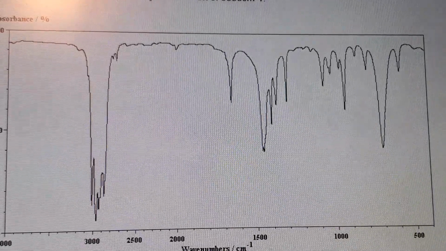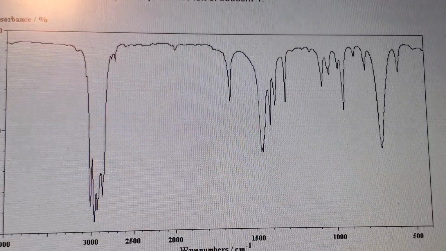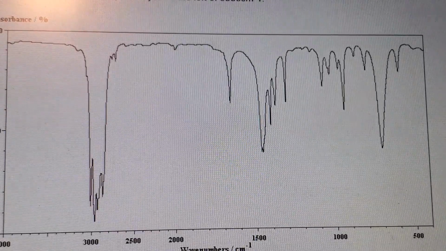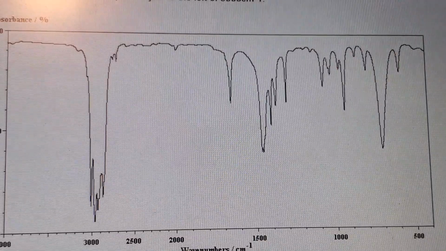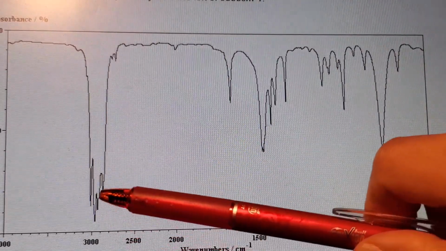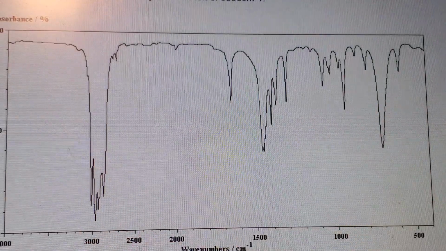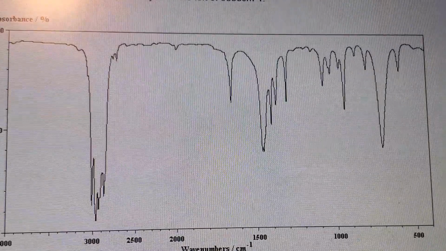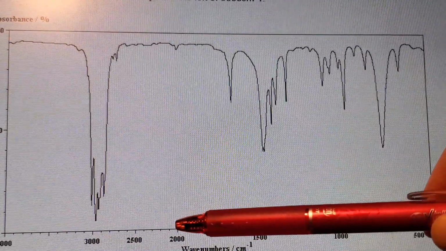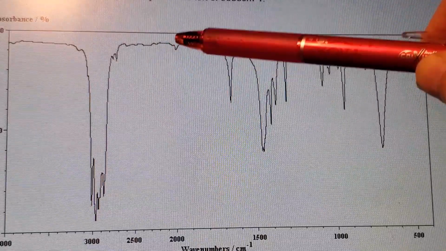This example will shock you and make you search for multiple evidence. This IR will tell you that you have a little signal here over 3000, so you're looking for probably a chance to be alkene or alkyne, and look around 20 something and you see a tiny peak, but you want to ignore it normally.